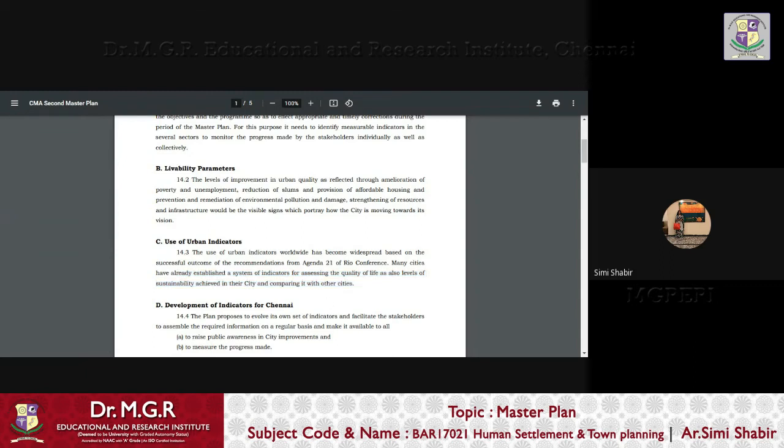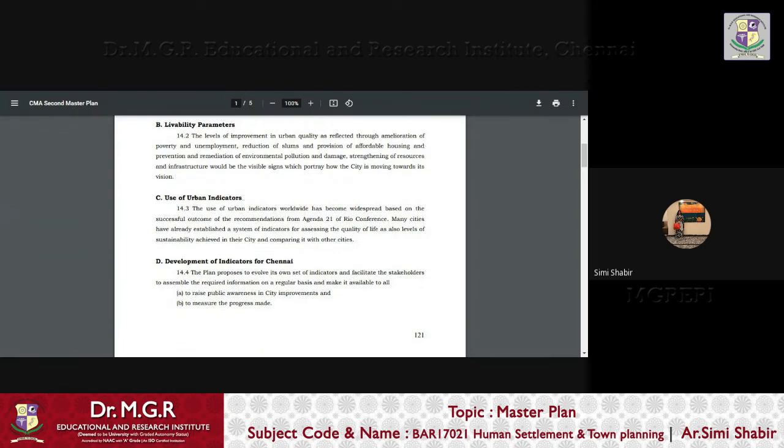So these indicators paved the way for understanding livability, and basically became the indexes: livability, sustainability, transport quality, smartness of the city.